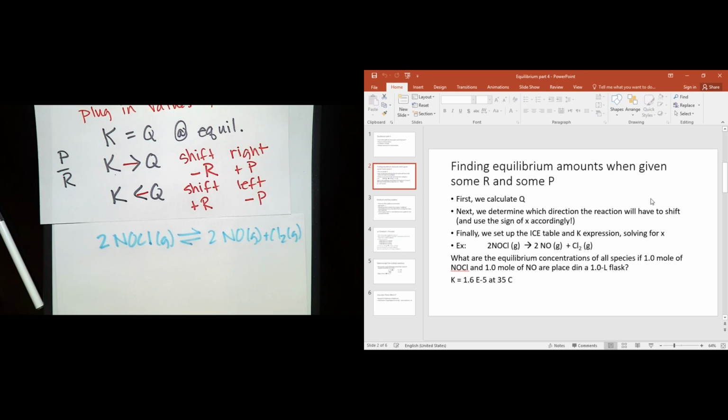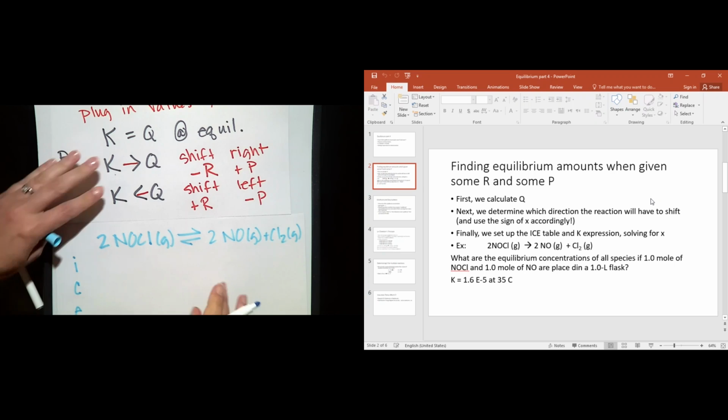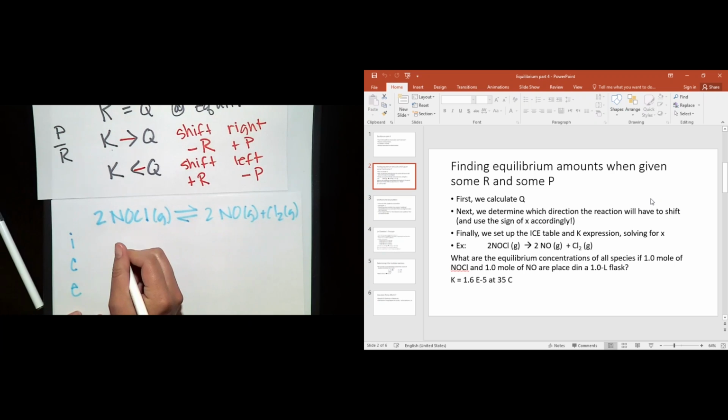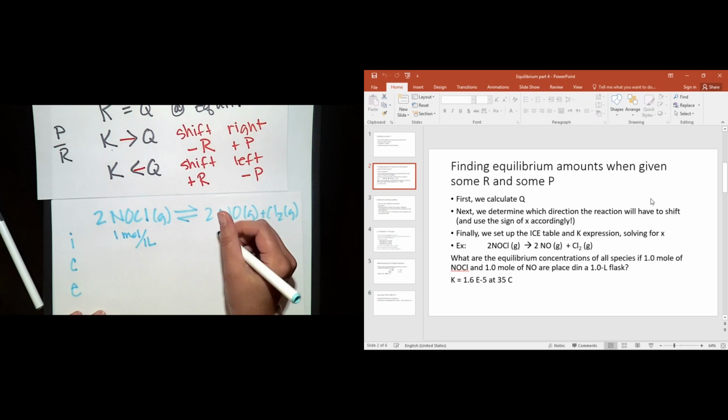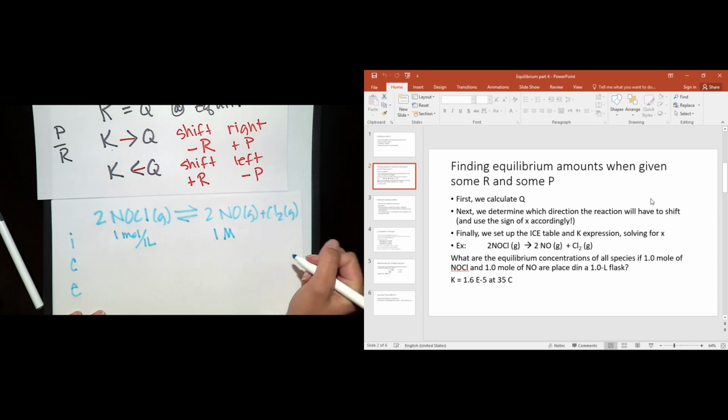I have a typo on here. If I have initial, change, equilibrium, I have 1 mole in 1 liter, 1 mole in 1 liter, which is 1 molar. This also has 1 mole in 1 liter, which is 1 molar. And actually this one is supposed to be 1 molar as well.